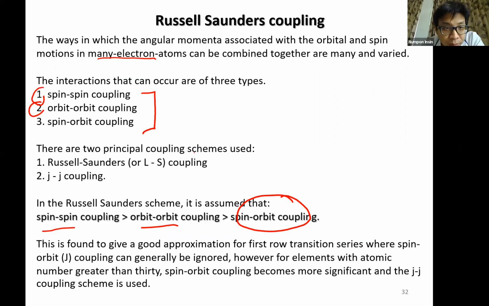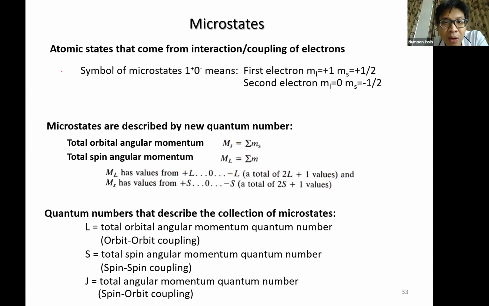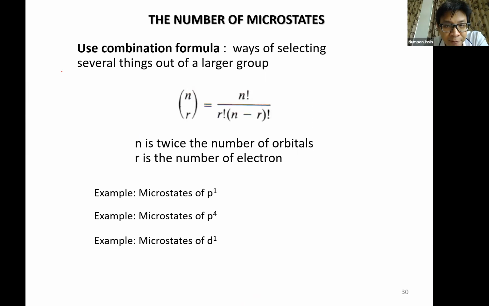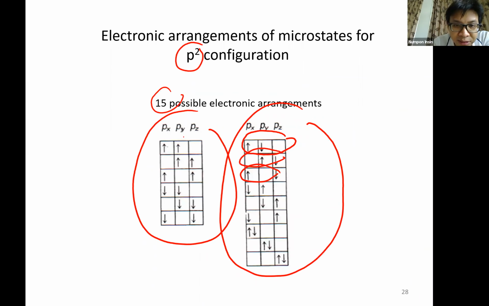So first we find these two first, the spin coupling and the orbit coupling. How can we find them? Look at the symbol first. For example, take this microstate. As you know, for the ML values we have +1, -1, and 0, right?